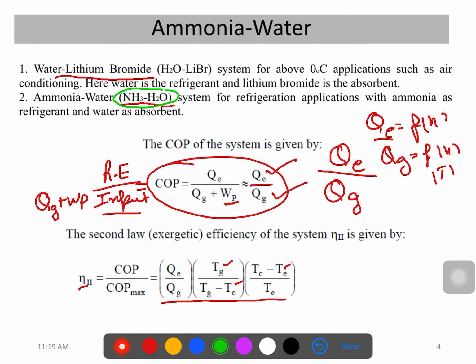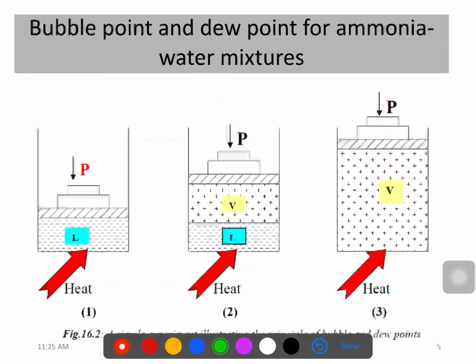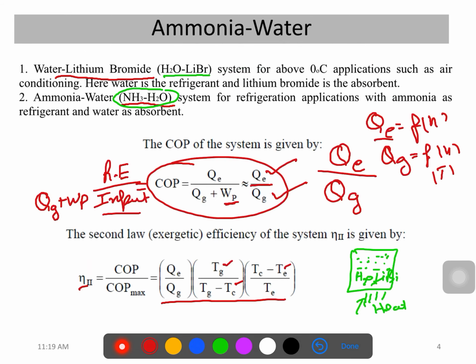which we are discussing here, earlier in the water lithium bromide system, when we were providing heat in the generator, evaporation took place only for the water. But in the case of the ammonia water system, we will see a mixture of ammonia and water.